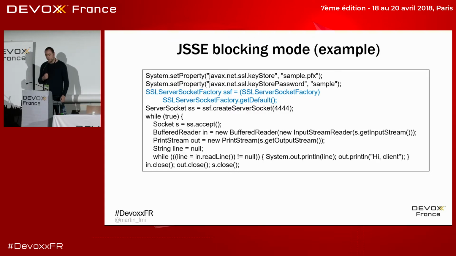Then we use a factory called SSLServerSocketFactory. This factory basically is used to create, as you might guess, SSL server sockets. We create one SSL server socket at port 4444, and then we call the accept method to wait for some information to be received by the server. At this step, you might guess that this operation is blocking.